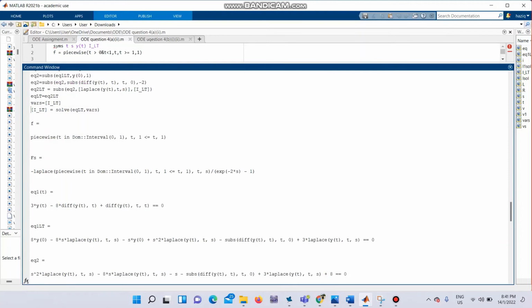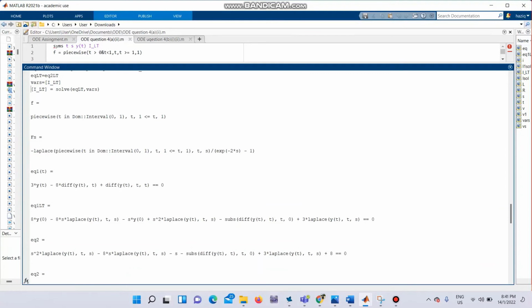Okay, this is the output that we get, which is f equal to piecewise, t in the interval 0 and 1, and 1 for t larger than or equal to 1.